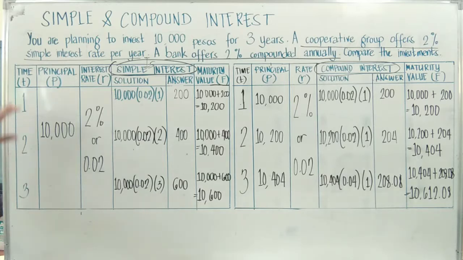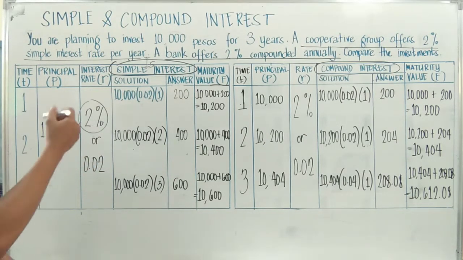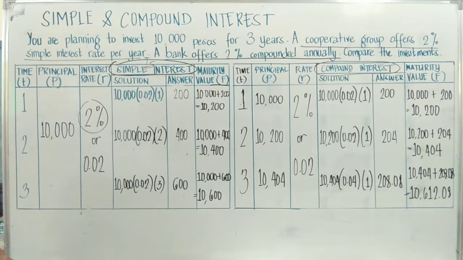Okay, let us continue. So we have the time interval of 3 years. On your first year, you have an investment of 10,000 pesos at the rate of 2%, and in solving simple and compound interest, we first convert your interest, which is in percentage form, into decimal form and then multiply it.